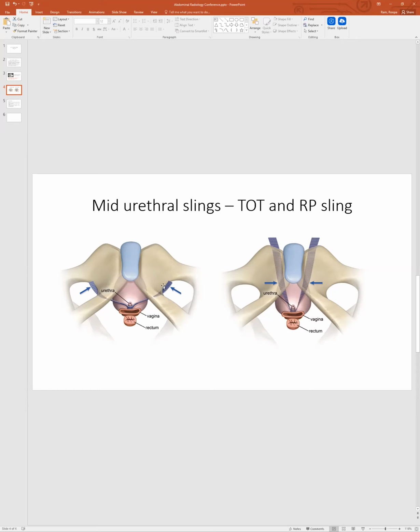With the TOTs, the risk is more of having thigh pain and these fistulae. With the TVTs or the retropubic ones, it's more organ damage to the urethra, bladder, osteomyelitis of the pubic bone, etc. So this was just a good case of complication from a mid-urethral sling procedure.